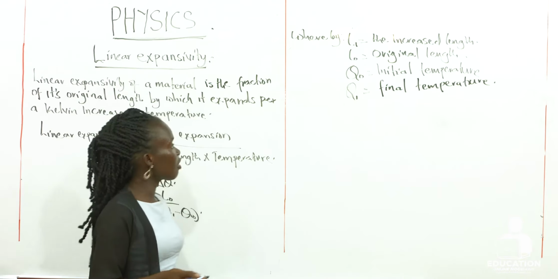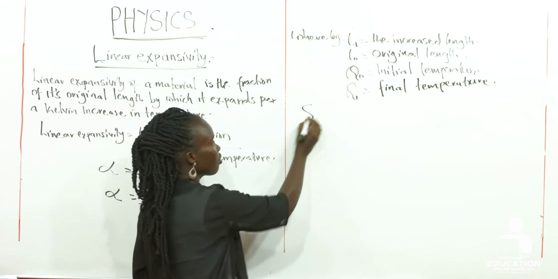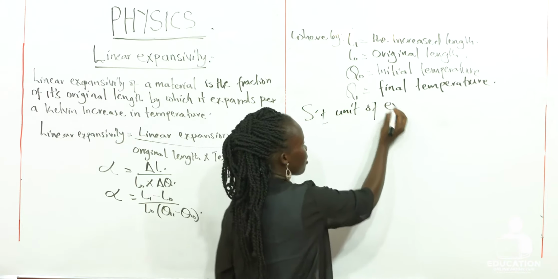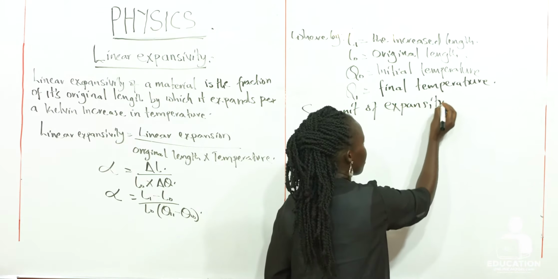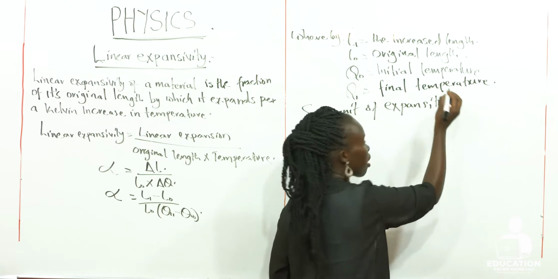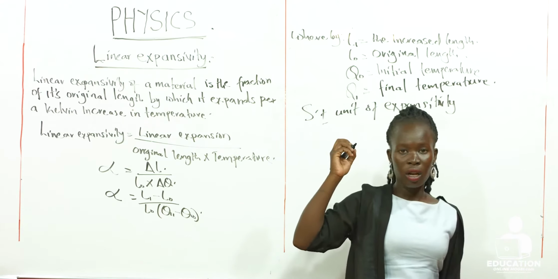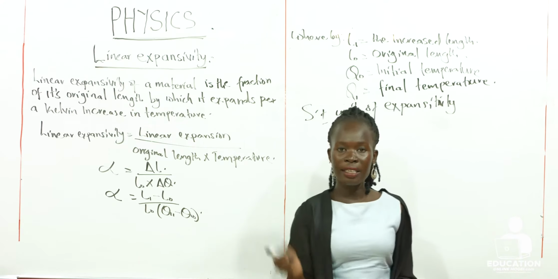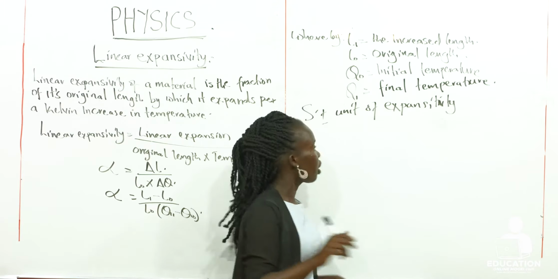So for expansivity, what could be the SI unit? Our SI unit of expansivity can either be per Kelvin or we can write it as per degree Celsius. So that means that it has 2 units.